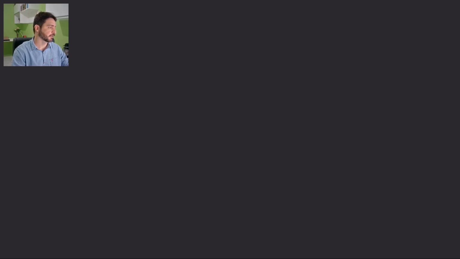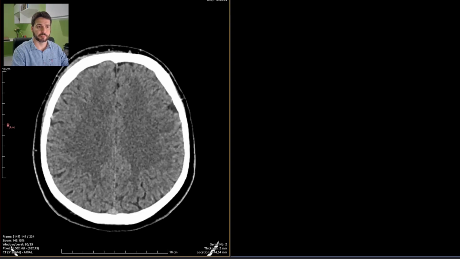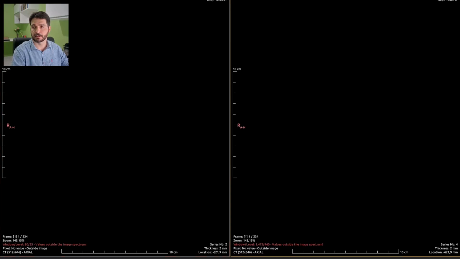So we could be facing here a case of a severe skull base fracture. Let's open this exam so we can rule out such a very bad disease with a terrible prognosis.